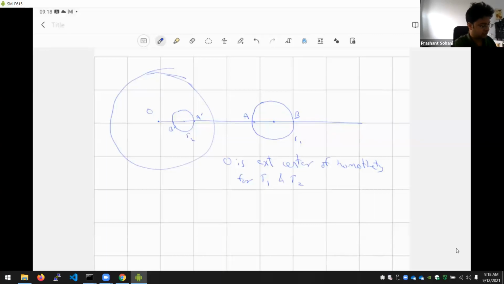The way we did it was simply by computing the ratio of the distances: OB dash upon OA is equal to OB upon OA dash, which we showed is equal to R2 by R1, if I call the radii R1 and R2.